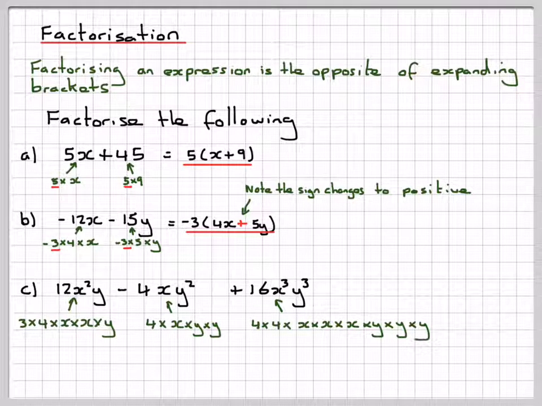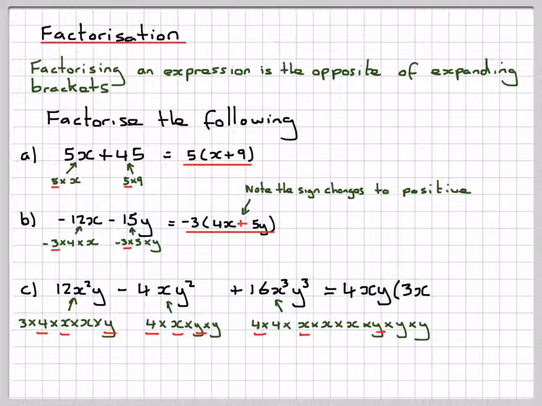Now let's underline what we've got in common. We've definitely got a 4 in common, all 4. We've got 1x in common and 1y in common. So I'm going to take out 4xy, and then I'm going to put in some brackets. And here I've just got a 3 times x left, so I'm going to write 3x.